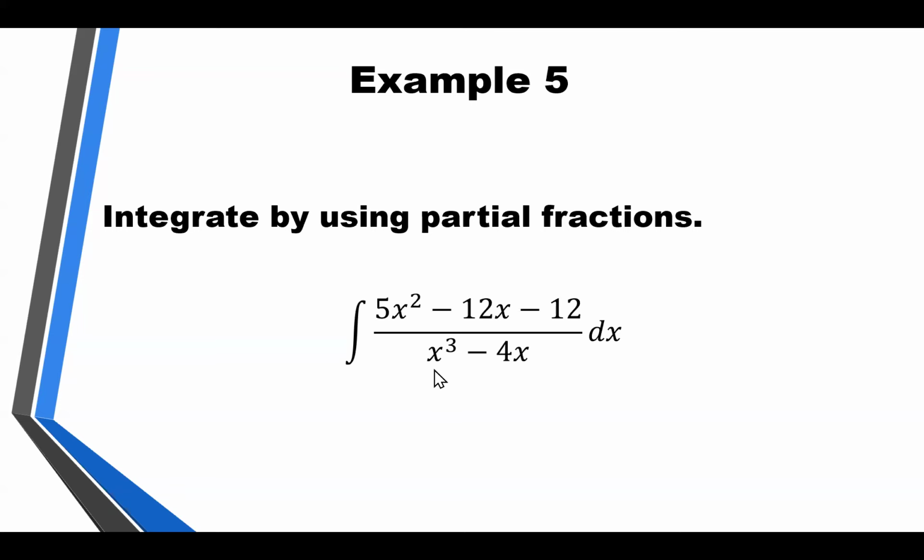Now, if our denominator is x to the third minus 4x, then we still go about this in the same way, except our denominator is going to factor into 3 linear pieces instead of 2 linear pieces. Let's go ahead and do that.